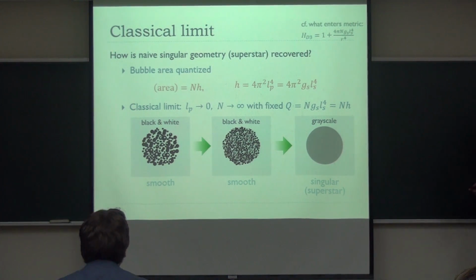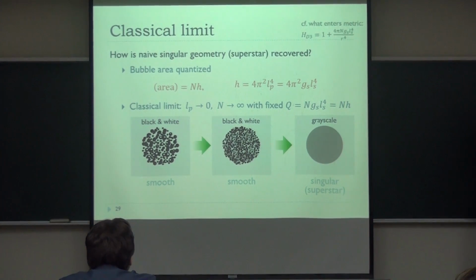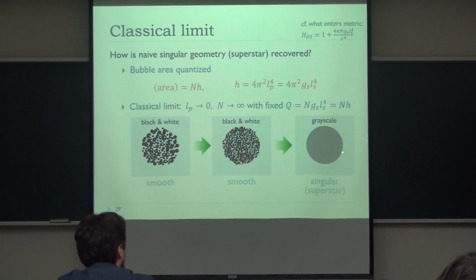When L_P and n are finite, you have this kind of black and white droplet picture, and this represents a smooth geometry. But as you send L Planck to 0 and n to infinity, keeping the area finite, you get a finer and finer structure. All of this is still smooth. And in the end, when you have taken the limit, this turns out to be a grayscale distribution.